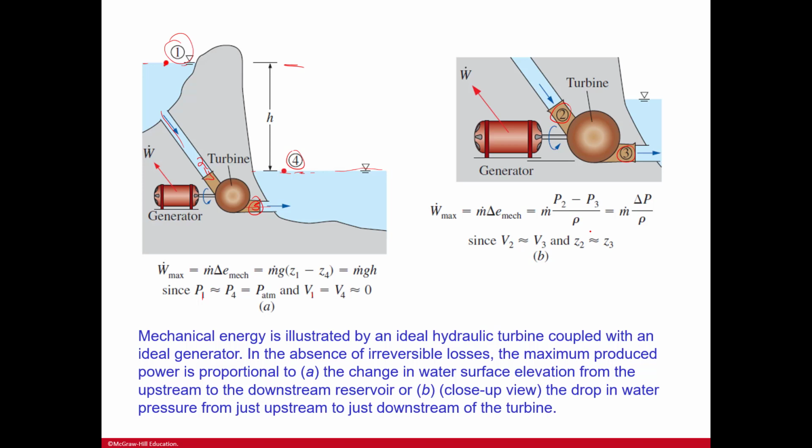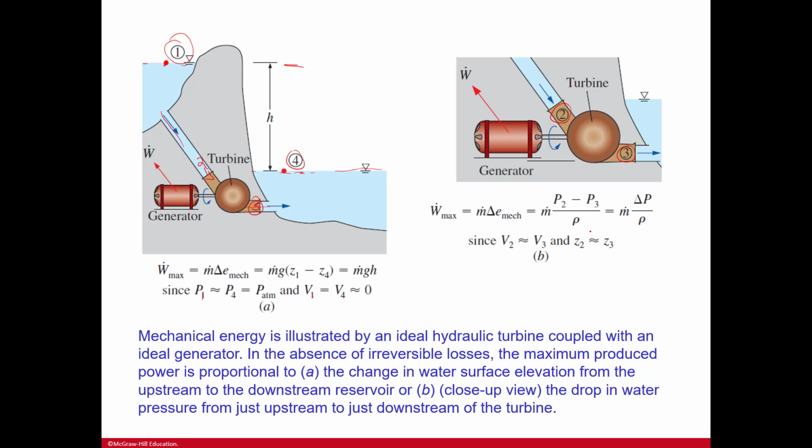Here you have A, the change in water surface elevation from the upstream to the downstream reservoir, or B, a close-up of the drop in water pressure from just upstream to downstream of the turbine. They're happening simultaneously, but there are 2 different ways that you can look at it.